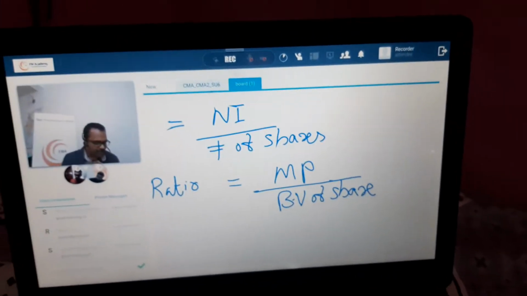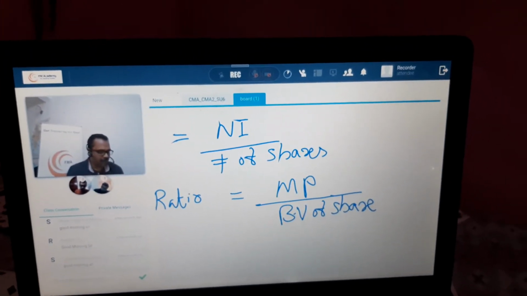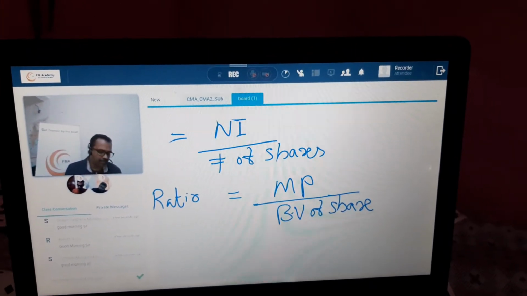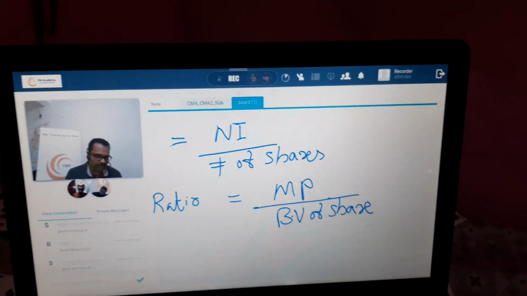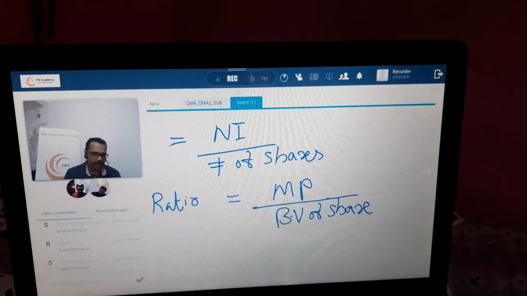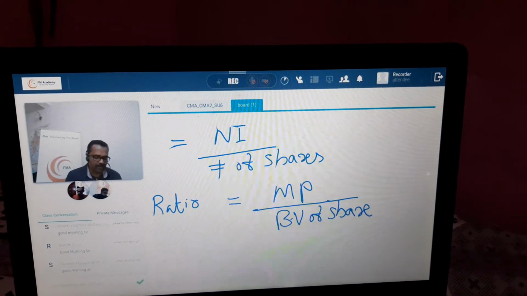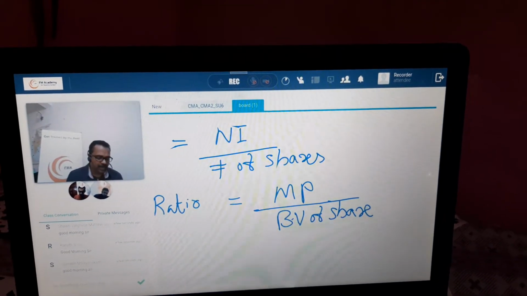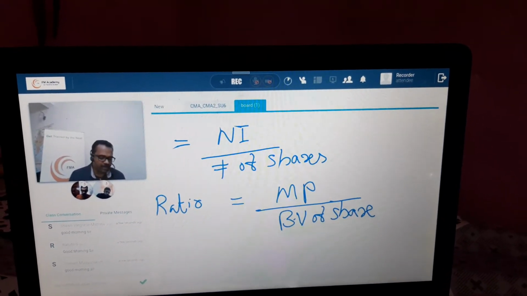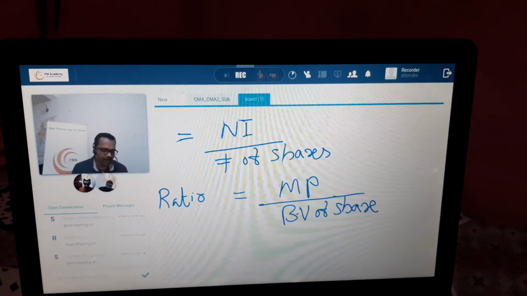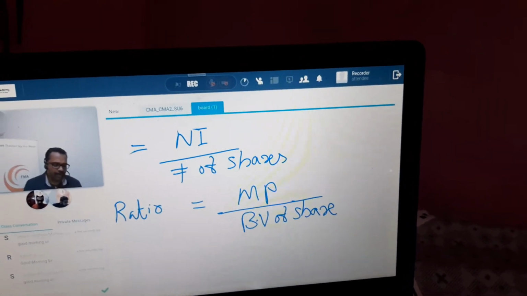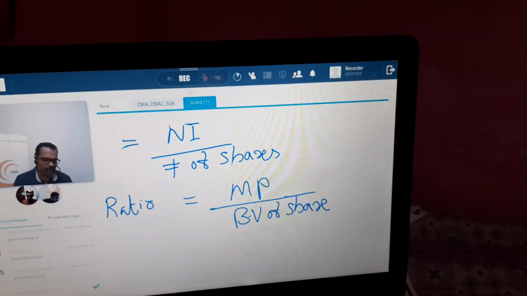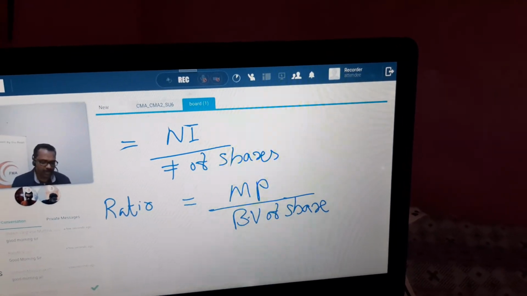So you have the net income and how many shares you have. For that you have to look at the balance sheet. They have $3 million in shareholder equity as par value. Out of that, every share comes with $1 par value. So how many shares you have?